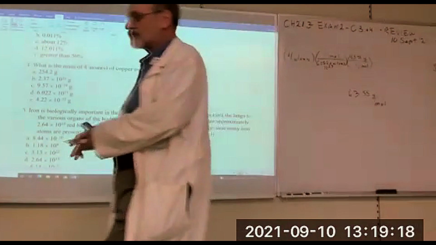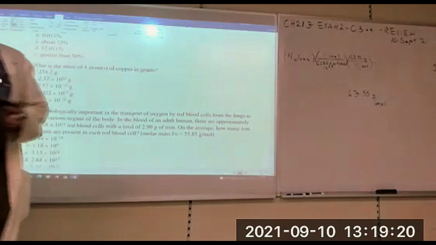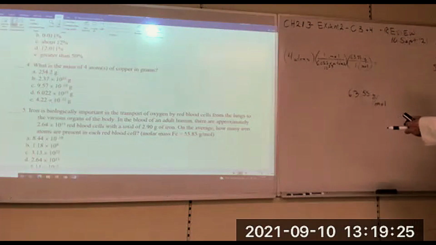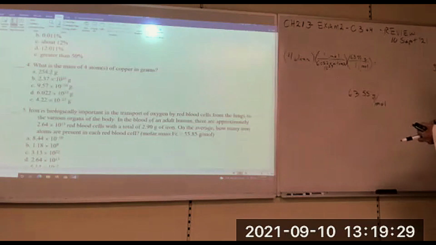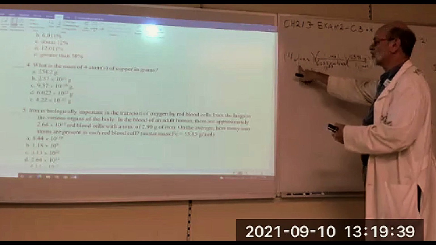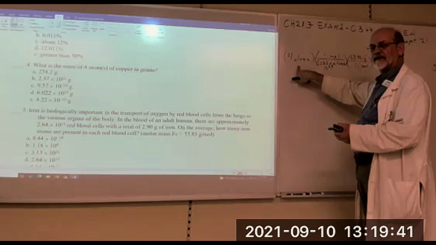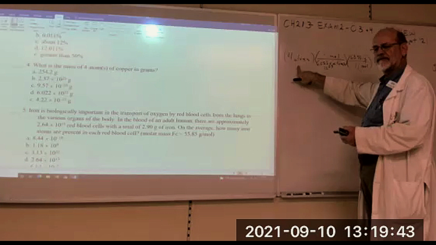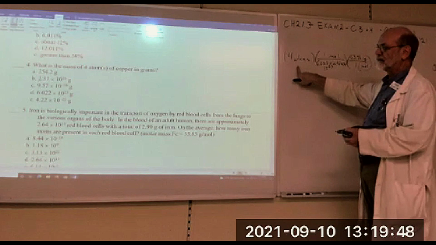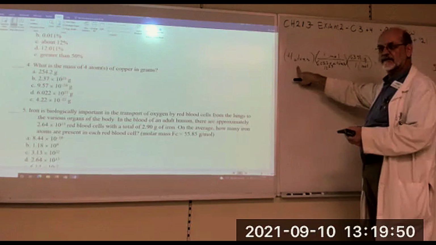I guess since I don't have the answers, I have to do it. So 4 divided by 6.022 exponent 23, and then 63.55 times. So I get 4.4 atoms. And this is a counting number. So it has infinite significant figures.